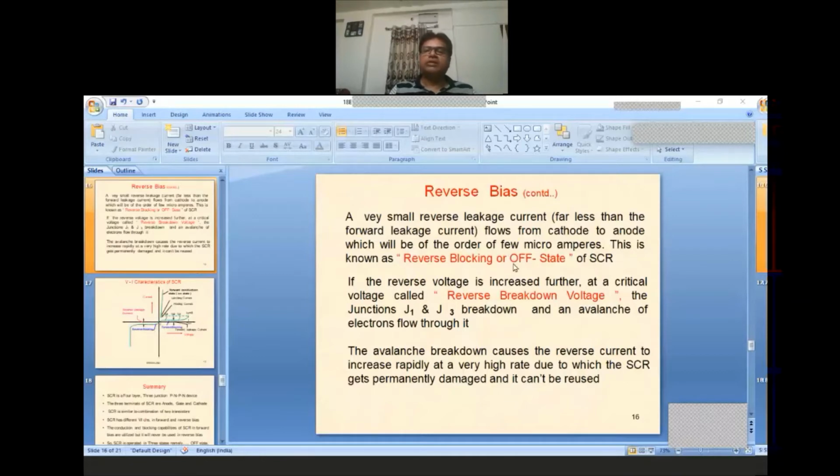And this is called as reverse blocking or reverse off state. Again, SCR will be used only in this reverse blocking or off state, where it will be just blocking the supply voltage, but it will not conduct any reverse current in any condition.